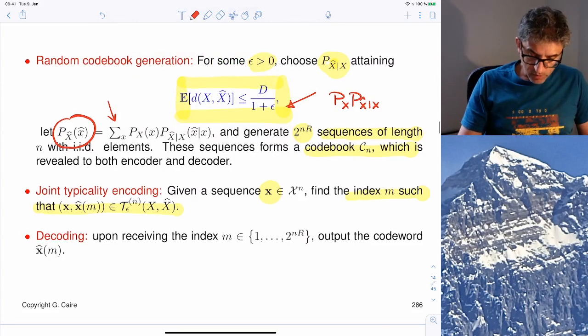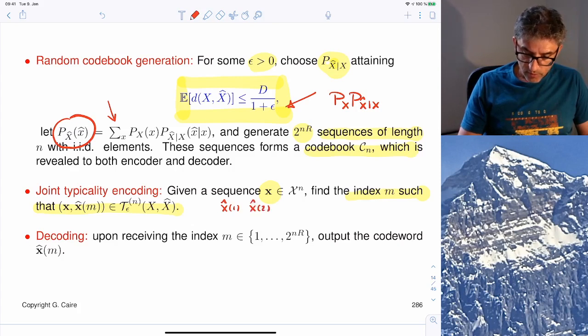So in other words, this means look for all possible x hat 1, x hat 2 in our codebook. Let's call it Cn.